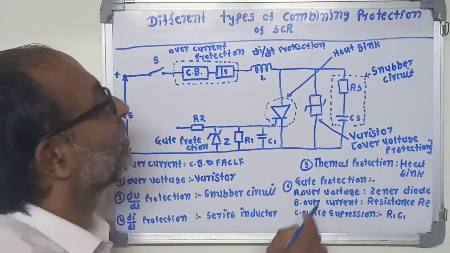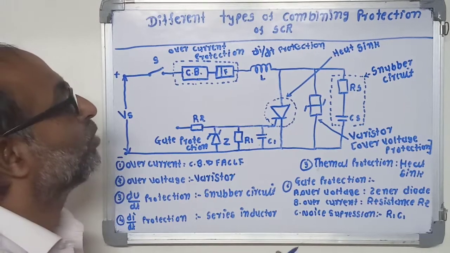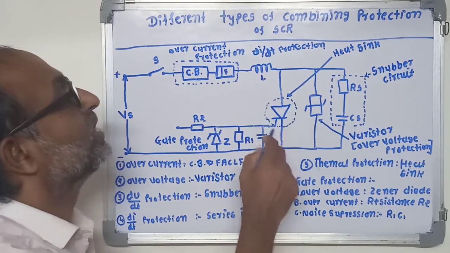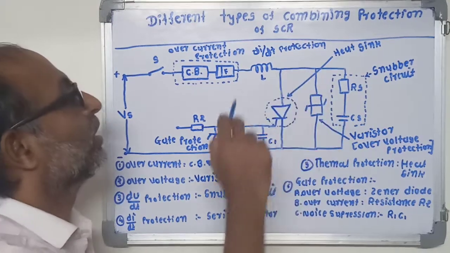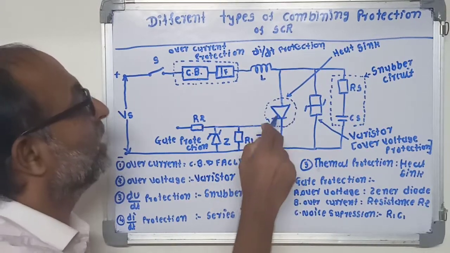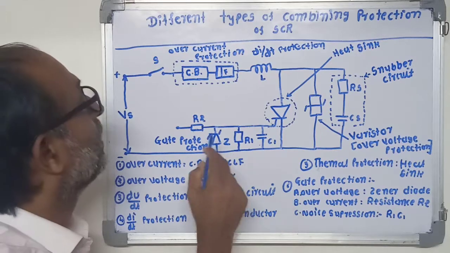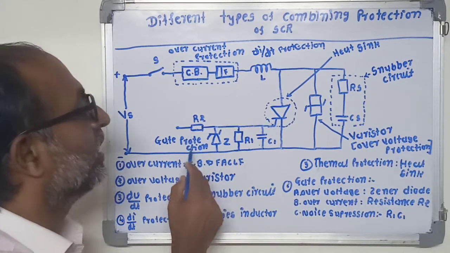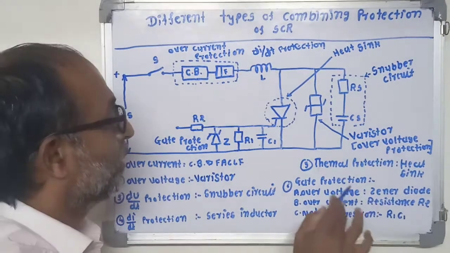Fifth, thermal protection. For thermal protection we are using heat sinks, different types of heat sink, which provide thermal protection for the thyristor. 6. Gate protection. For overvoltage protection of the gate, a Zener diode is used.